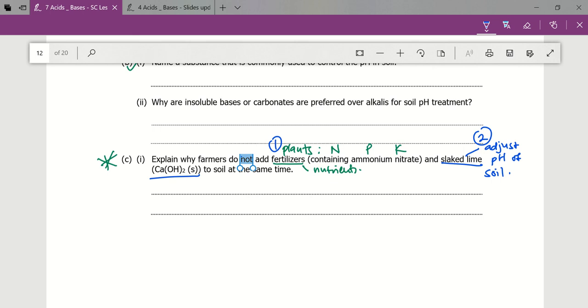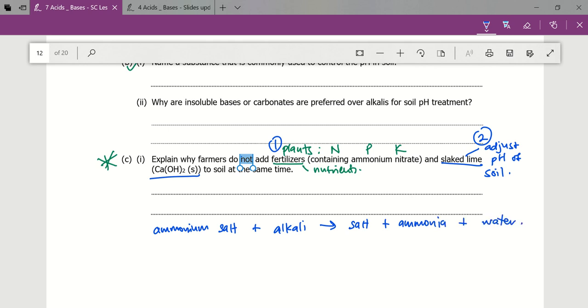The reaction that would take place here is something that you have already learned, which is ammonium salt plus alkali. We get salt plus ammonia gas plus water.